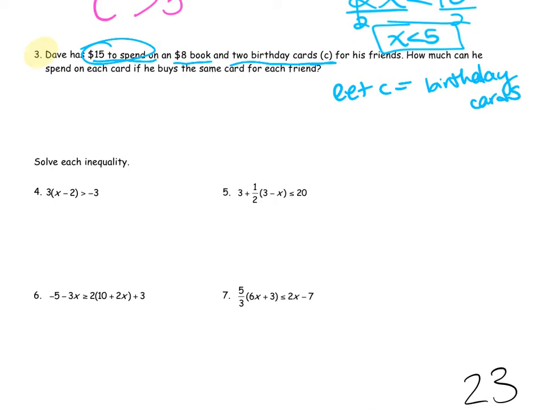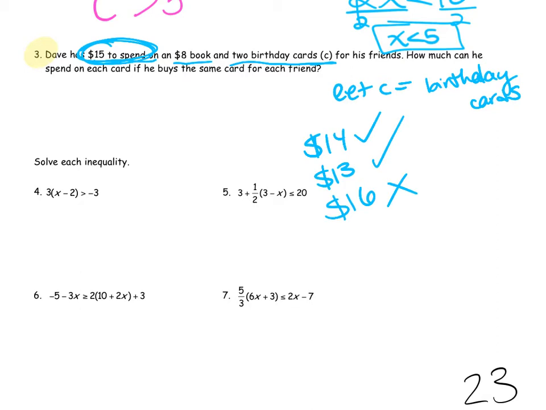He has $15. Does he have to spend all of it? No. Can he spend all of it? Yeah, he definitely can. Could he spend $14? He sure could. Could he spend $13? Absolutely. Can he spend $16? No. He only has $15 to spend.